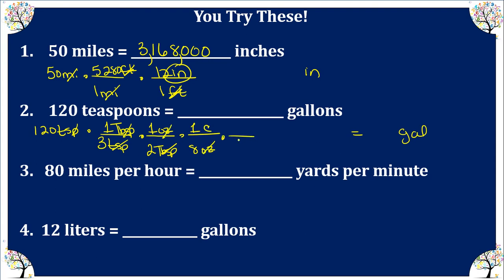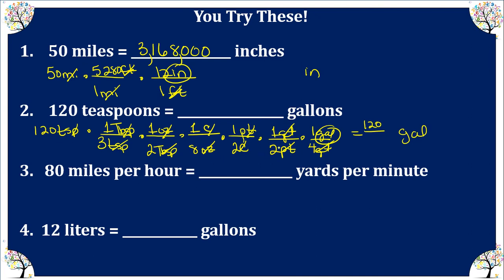Wow, this is a long, long bridge. And then we know 2 cups is 1 pint, 2 pints is 1 quart, and then finally, 4 quarts is 1 gallon. Wowzer. So we have all this going across, which is 120 times all these ones. And then we have 3 times 2 times 8 times 2 times 2 times 4.